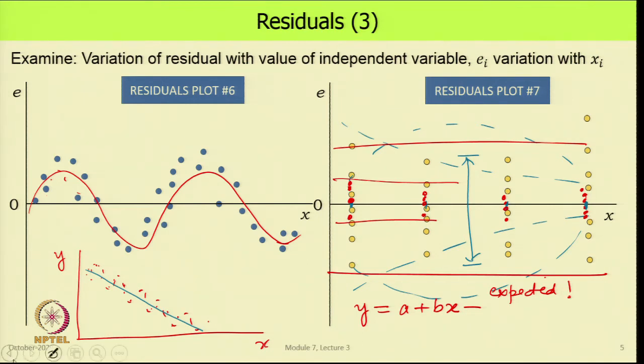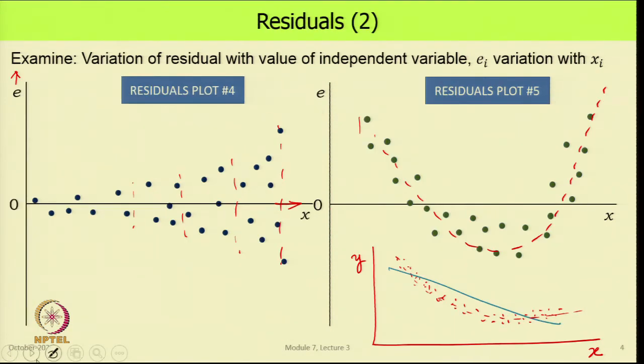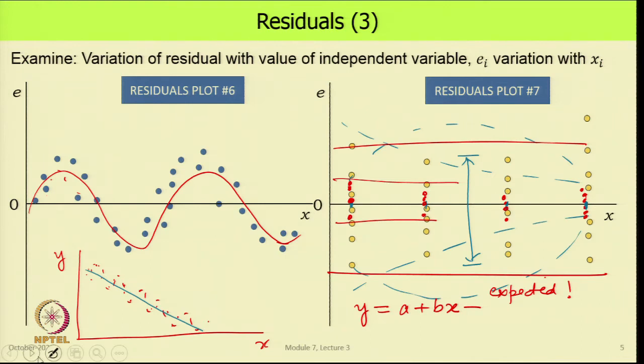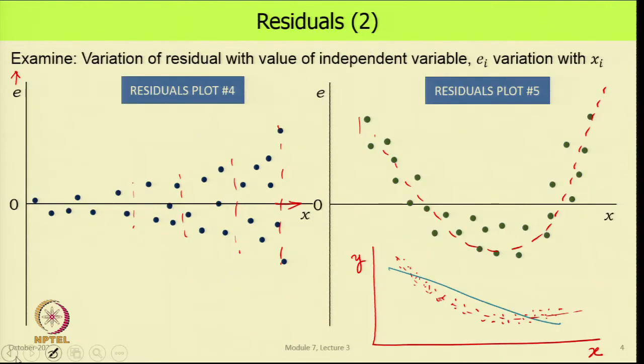For example, in the previous plot, this was the behavior, and this could be a very simple experiment, like we have a body which has been heated, or something that has hot water and is sitting in air and cooling, and we say that y is our temperature and x is time, and we know the curve is going to be like this, as Newton's law of cooling tells us.